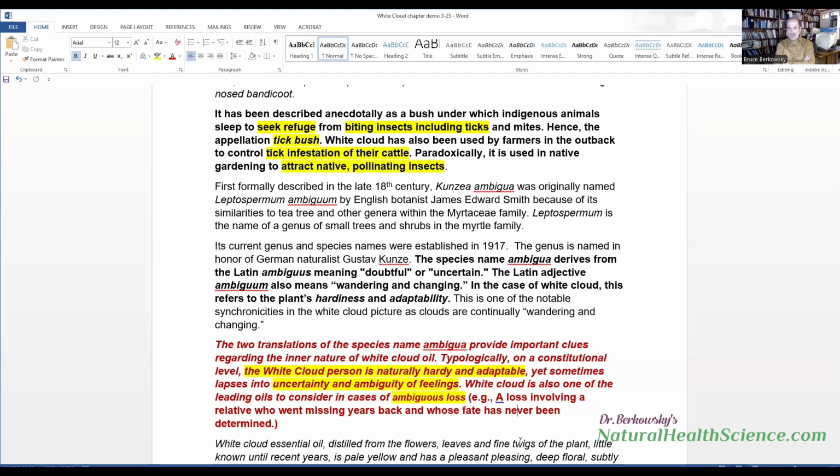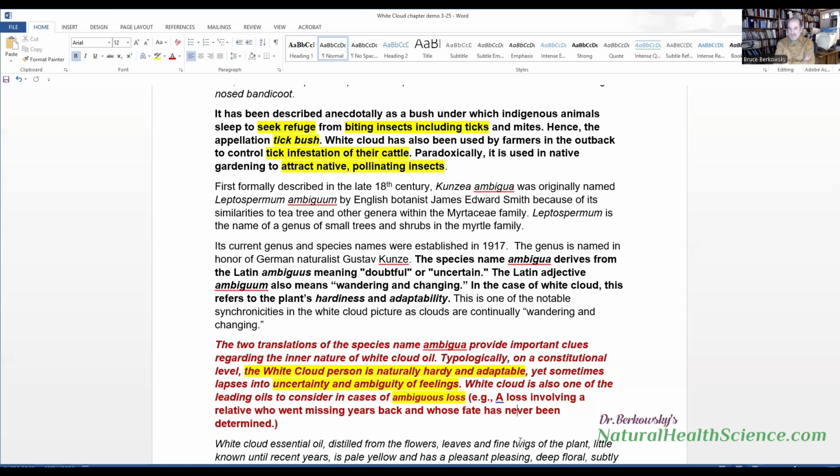A loss involving a relative who went missing years back and whose fate has never been determined, or a friend that you had known ever since you were a child, you were good friends all the way through school and even in college and so forth. But then you had some type of disagreement or set-to and were angry with each other and went your separate ways, and you still miss that person after all these years because you were really close, and it's just left hanging out there.